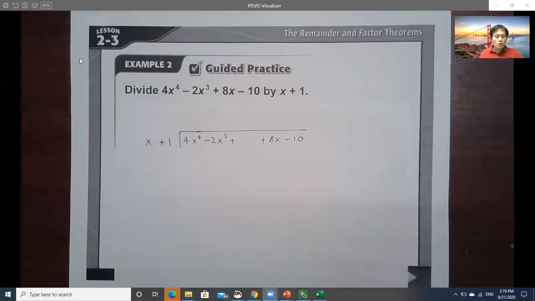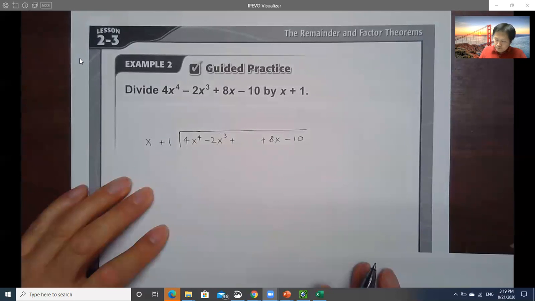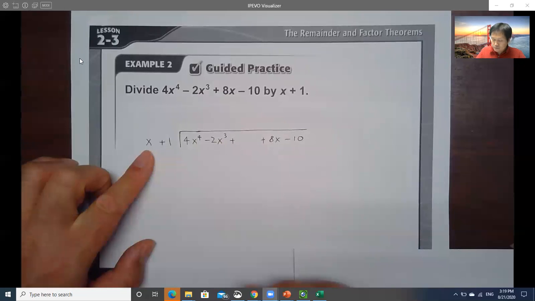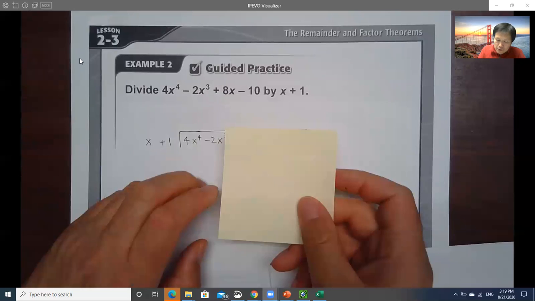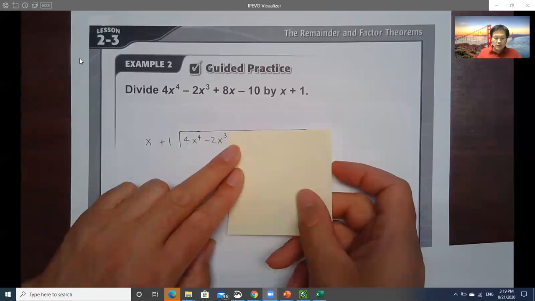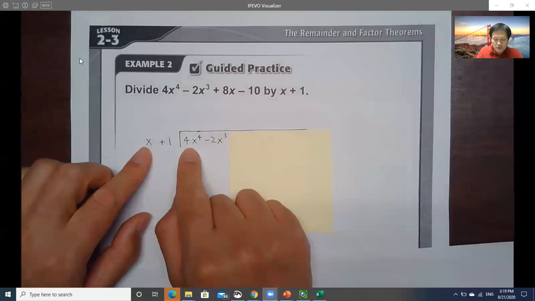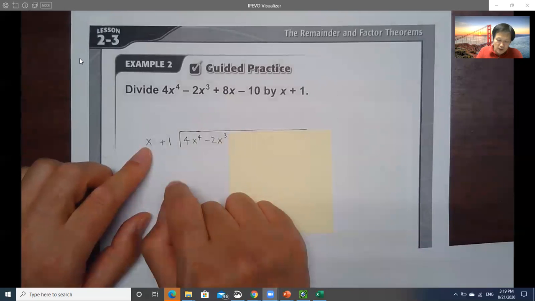Okay? Work is exactly the same. So you look at two terms here. That means you're going to deal with two terms at a time. X to 4x to the fourth. First term to first term. What do I multiply to x to make a 4x to the fourth?